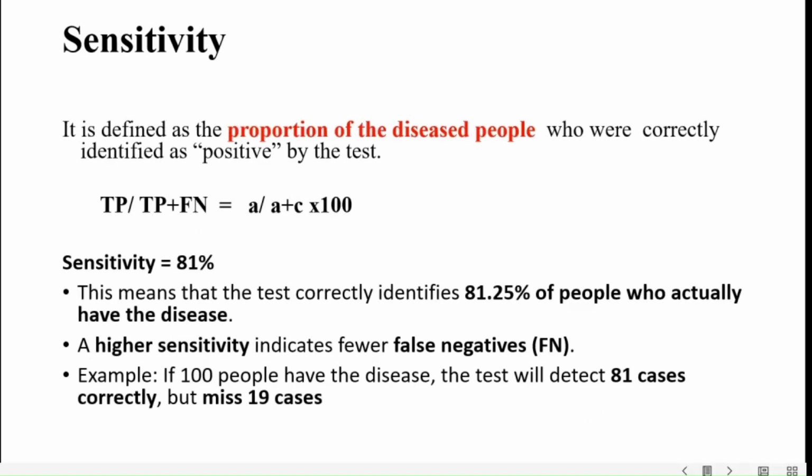Now for the validity, as we have learned in the previous slide, it is calculated by the sensitivity and the specificity. Sensitivity is defined as the proportion of the diseased people who were correctly identified as positive by the test.